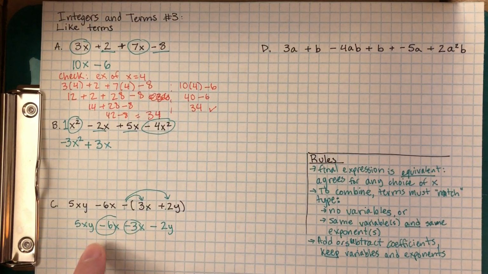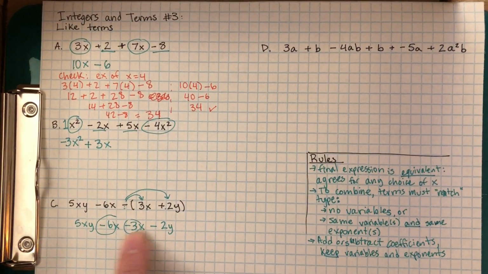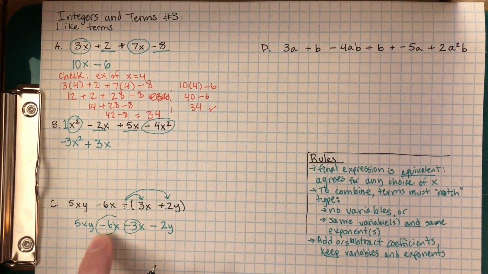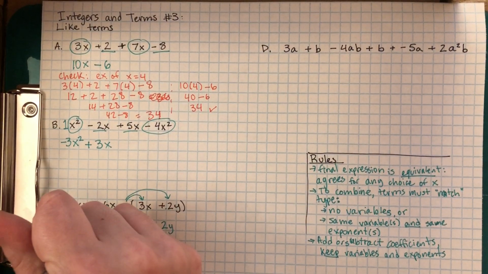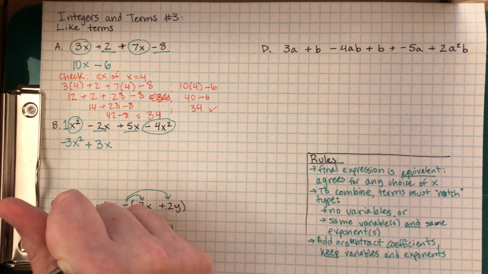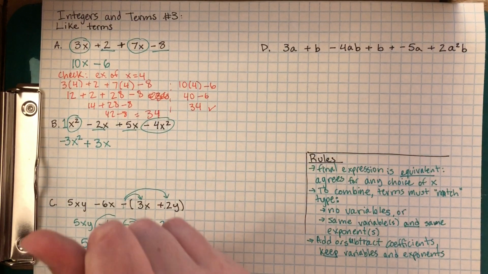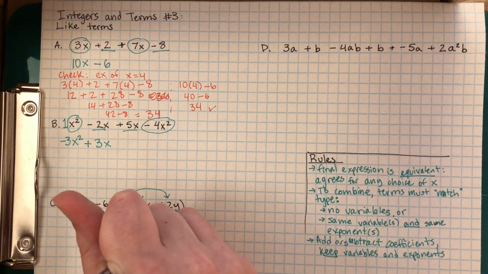So you could think about this as negative 6 minus 3, or you can recognize that these both belong to the negative team. This is going to give us a minus 9x. So I'm going to write 5xy minus 9x minus 2y.